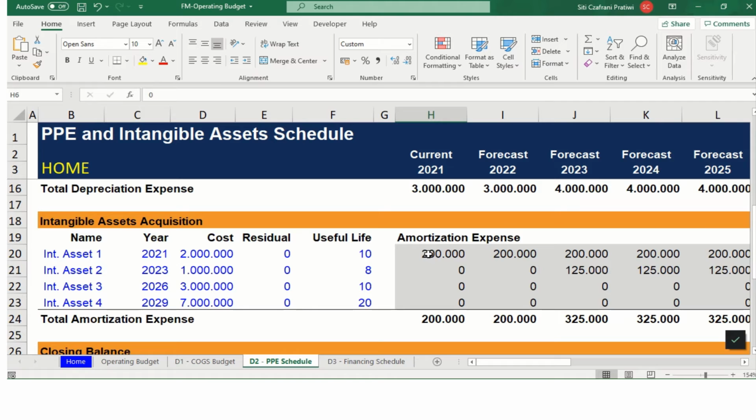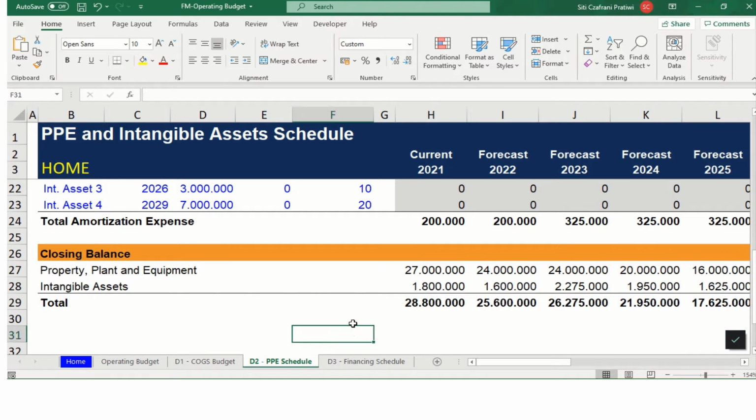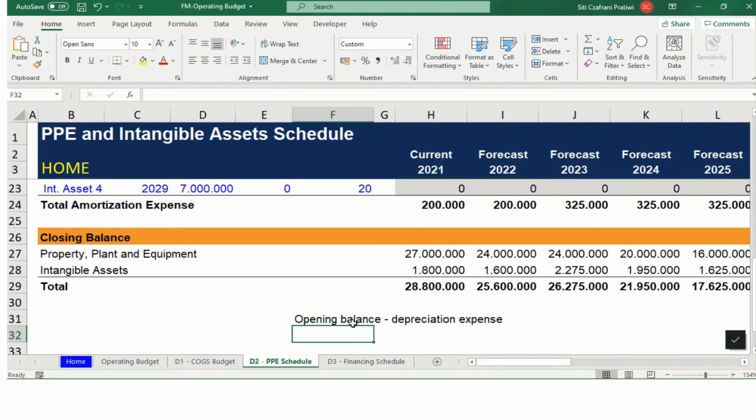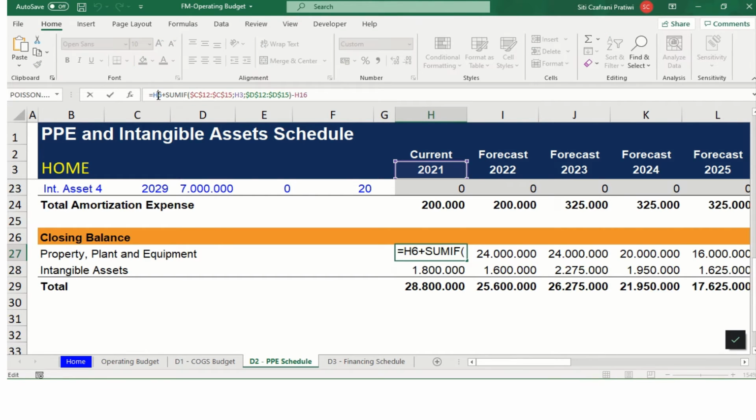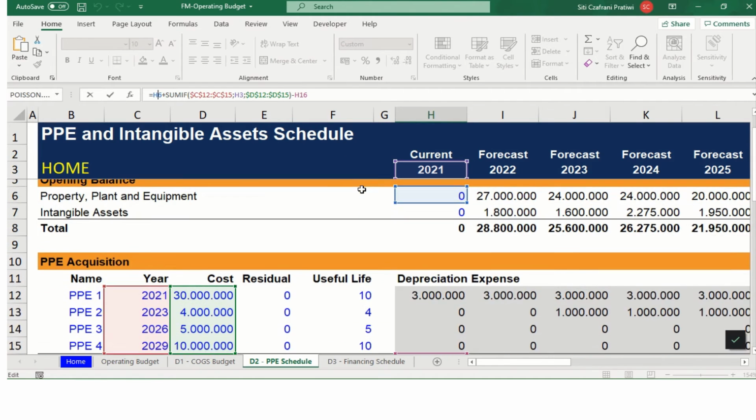Basically, closing balance of an asset is opening balance minus the depreciation expense. That will be the closing balance of your asset. And we are going to make another flexible formula again. So H6 here is the opening balance plus SUMIF. I use SUMIF here.